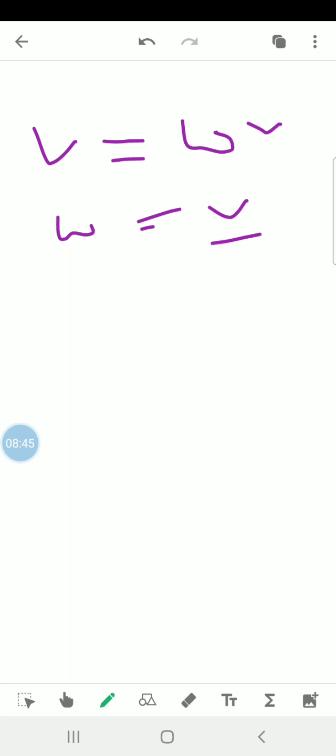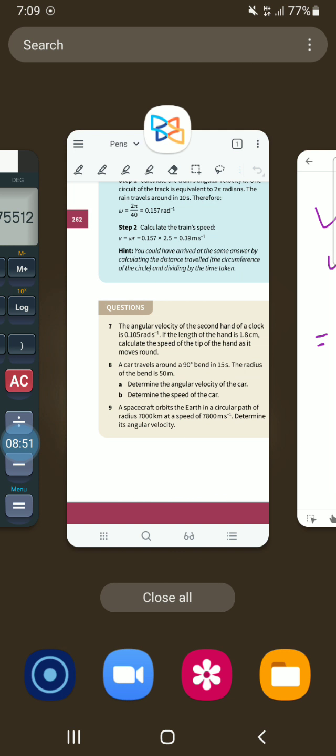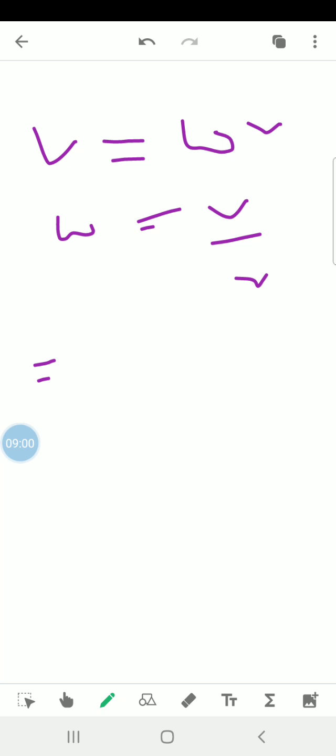We have the equation v equals omega r. Then from that we got omega equals v upon r. Now let's substitute the values. What is v? The speed of the spacecraft is 7,800 meters per second.